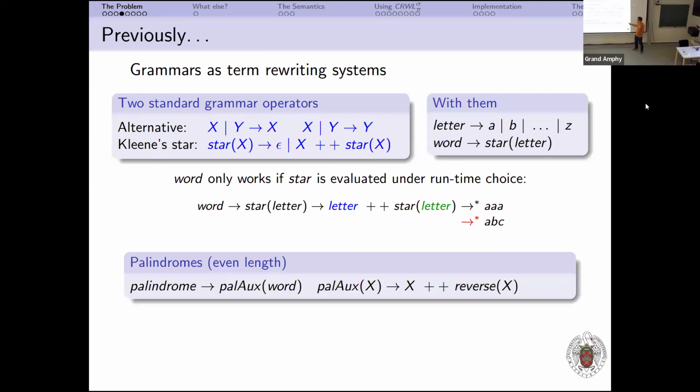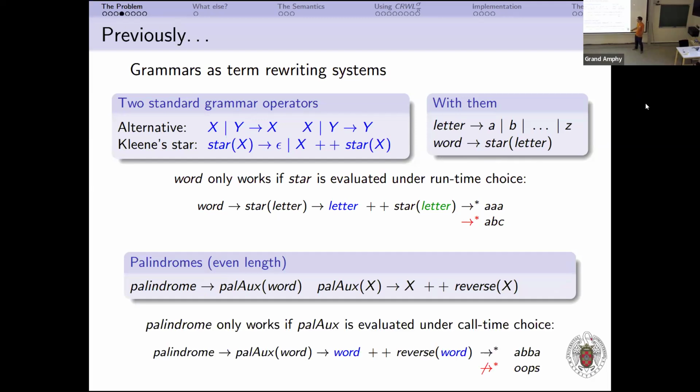But what if now we want palindromes of even length? Then a palindrome is pal applied to a word, and pal is just putting x with the reverse of x. So reverse is defined. And this only makes sense under call-time choice, because otherwise you can get anything, maybe a palindrome, maybe not.